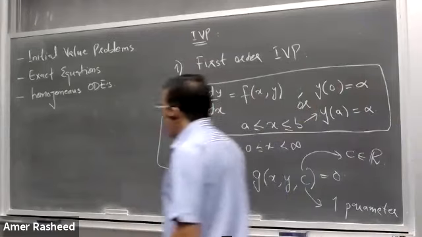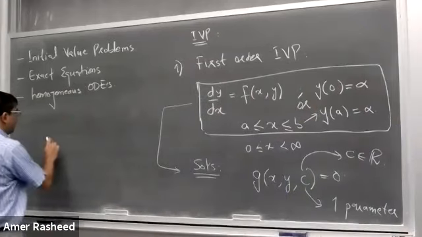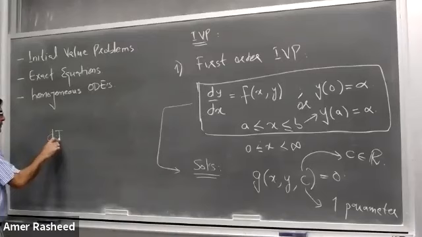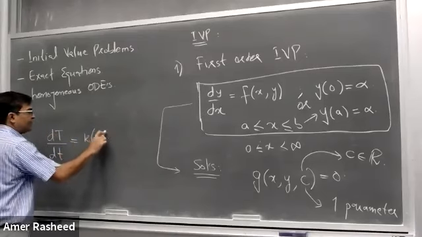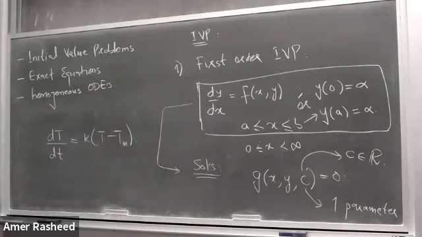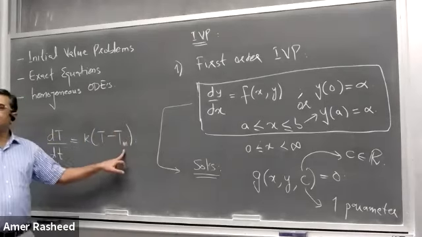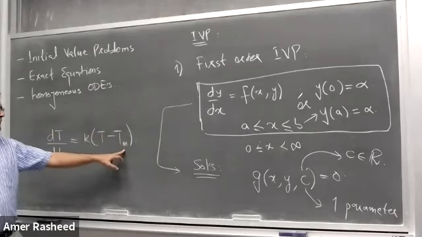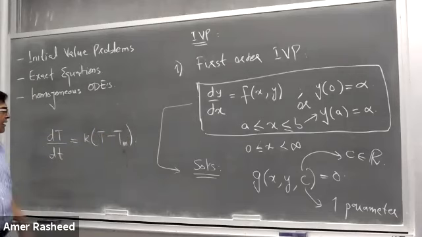For that Newton's law of cooling, we define a problem of this kind: dT over dt is equal to some constant times T minus Tm, where Tm is some constant, the surrounding temperature or the room temperature of that cup of coffee.